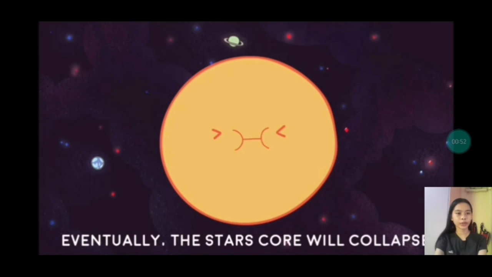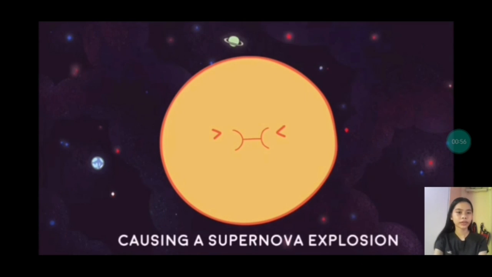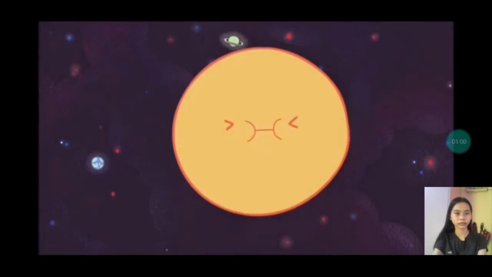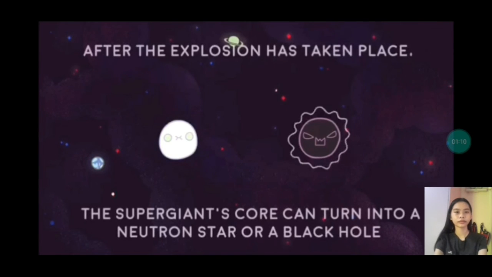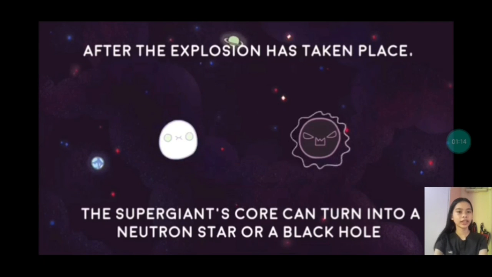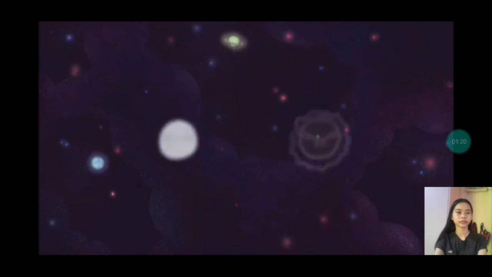Eventually, the star's core will collapse, causing a supernova explosion. After the explosion has taken place, the supergiant's core can turn into a neutron star or a black hole.